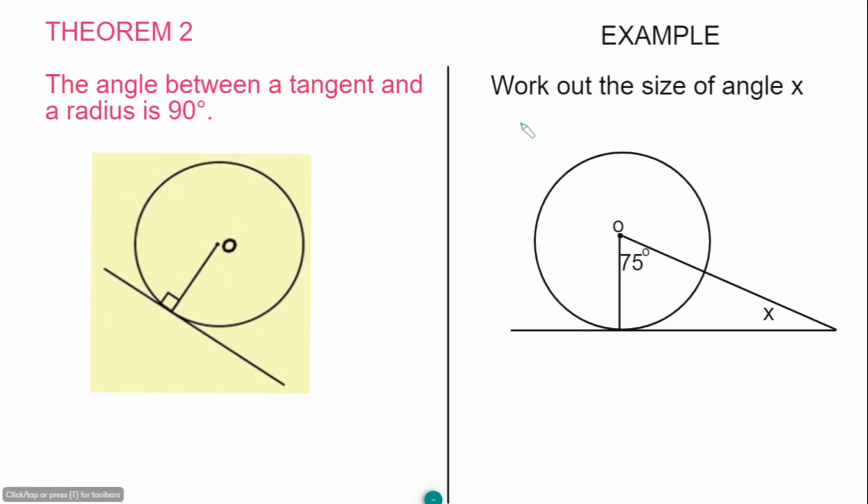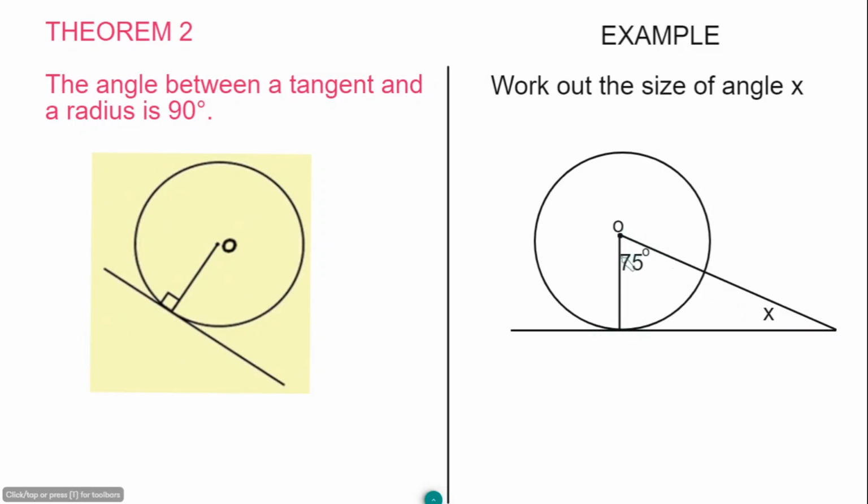So here in this example, we need to find the size of angle X. Now we see we have a radius from center O down here, and then we've got a tangent right under the circle, touching the circumference of the circle up here, and a line from O to this point. Now we've got a triangle here, okay?